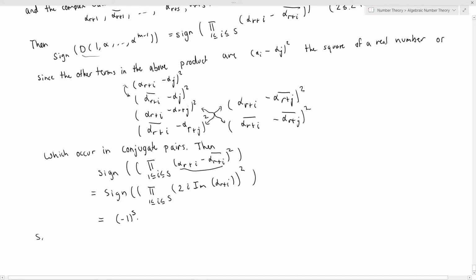So since the discriminant of 1, alpha, ..., alpha^{n-1} equals disc O_K over Z times a squared for a in Q cross, they have the same sign.